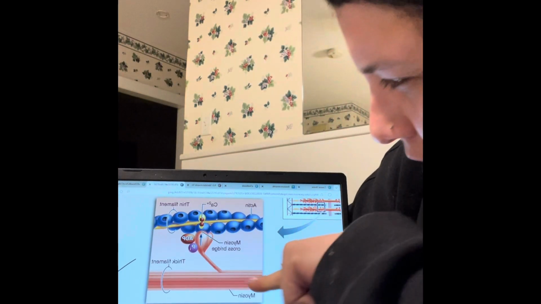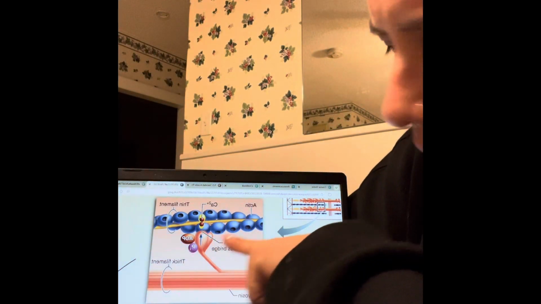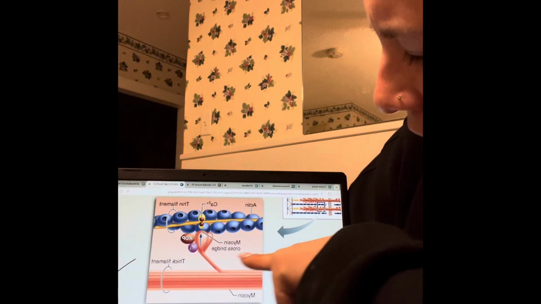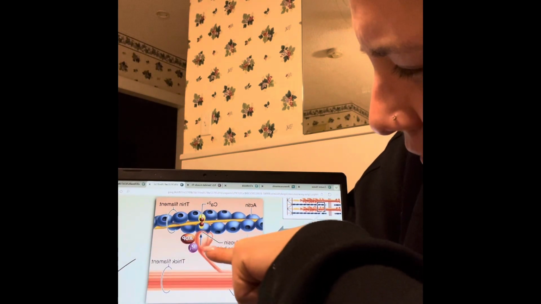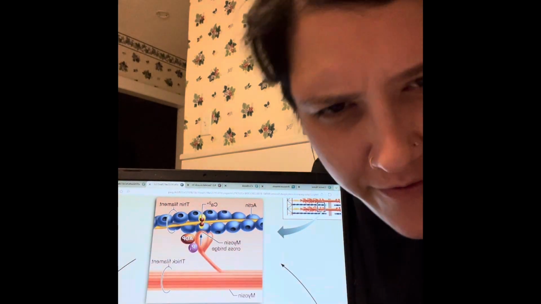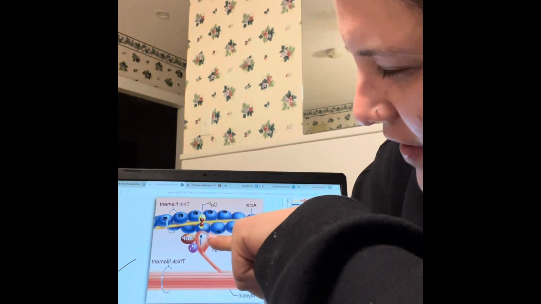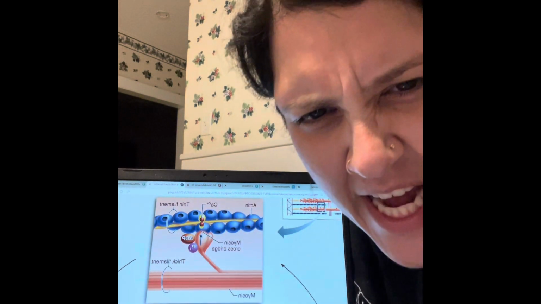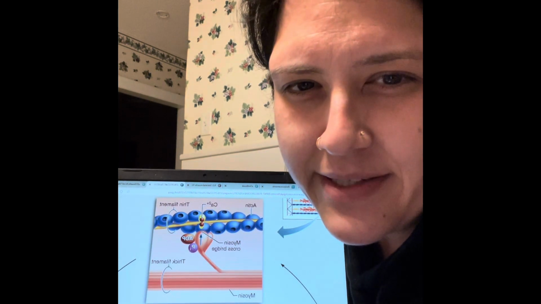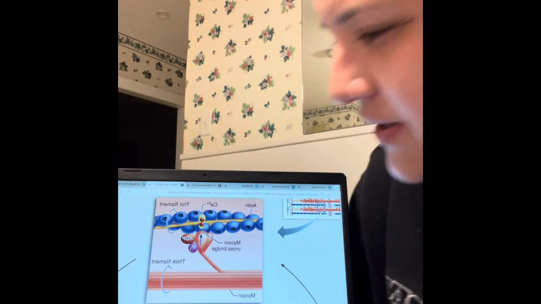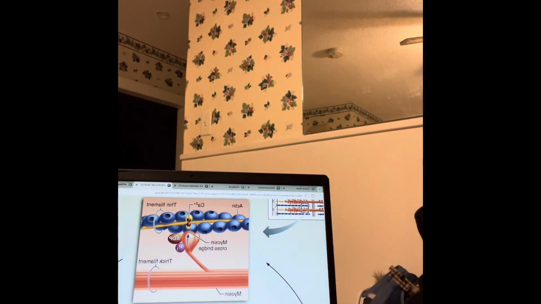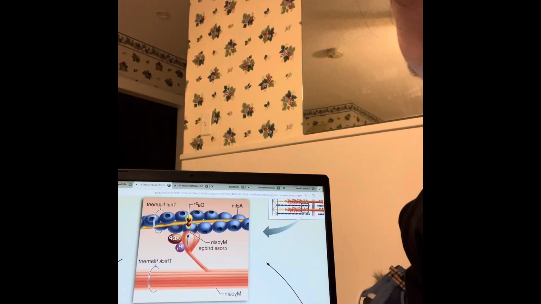What happens is now an amazing process. The myosin heads, with ADP and phosphate, then anchor and attach themselves onto the binding sites. Shocking, I know.